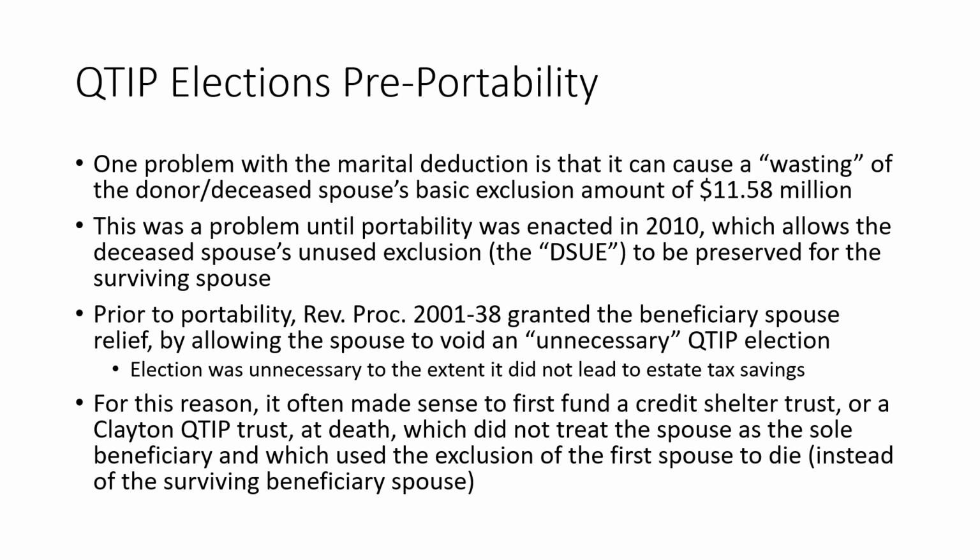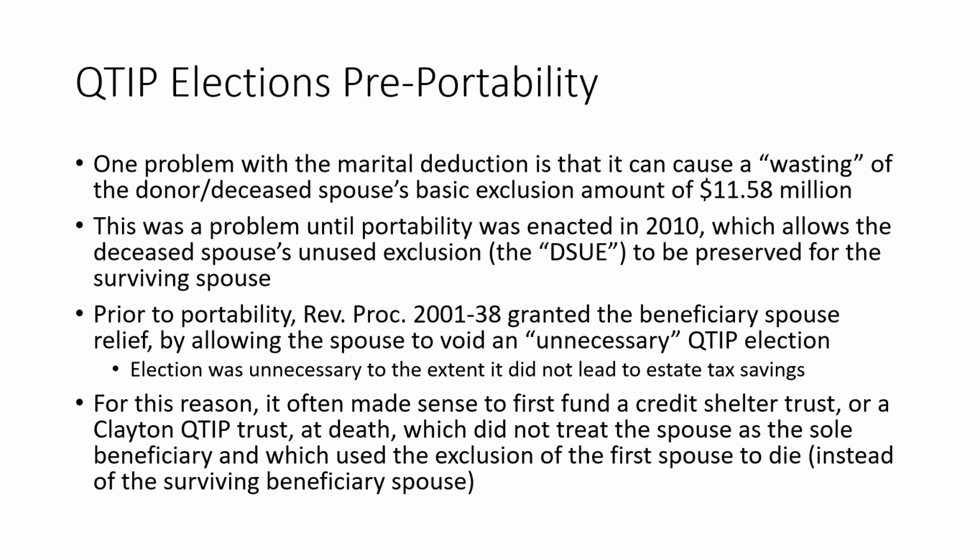Now, prior to 2010, any portion of that wasn't used by a deceased spouse was forever lost, but part of the Tax Act in 2010 included what's colloquially known as a portability election, which allows the deceased spouse's unused estate tax exclusion to be preserved for the surviving spouse.